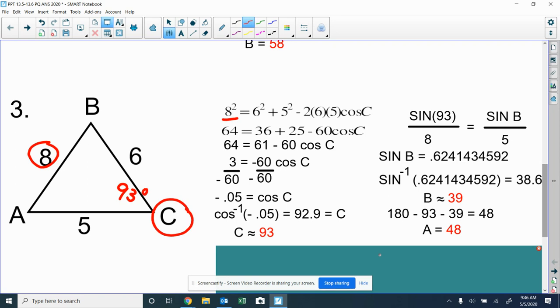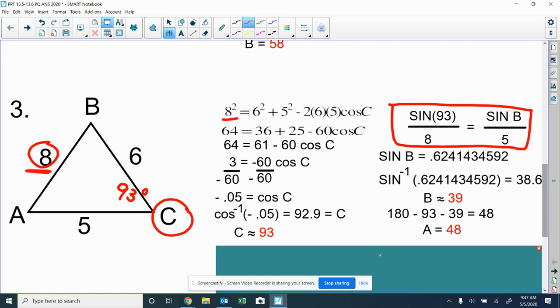Once we get that angle C to be 93, we're going to head over here and use the law of sines, because the law of sines is much easier than the law of cosines. How many times do you have to use the law of cosines? Just once. Then use your law of sines to calculate either angle at this point, but we probably want to chase down the smallest, which we did in this case, side B. Notice, the biggest angle always has to have the biggest side.